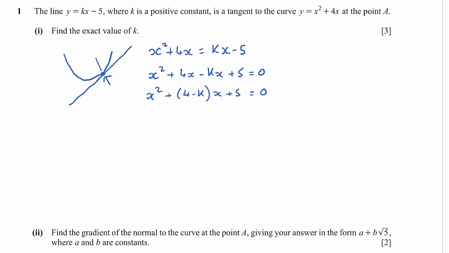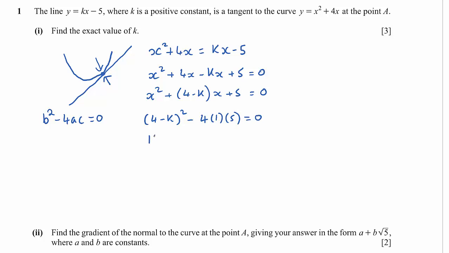Now we must just have one solution for a tangent, and that means that the discriminant b squared minus 4ac must be equal to 0. So (4 minus k) squared, take away 4 times 1 times 5 is equal to 0.